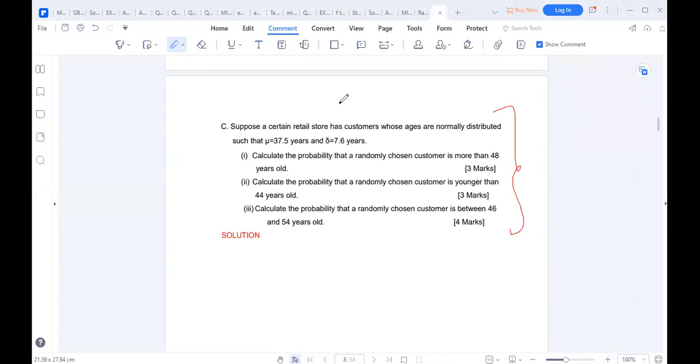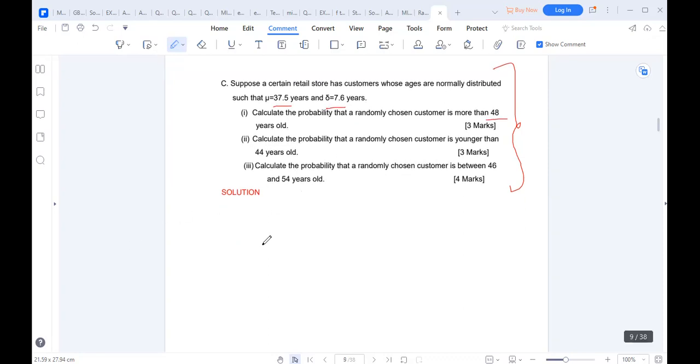The previous question, what were we talking about? So when you're given the mu and the standard deviation, and you're given a sample size. Okay, so where you're not given a sample size, step 1, we illustrate.